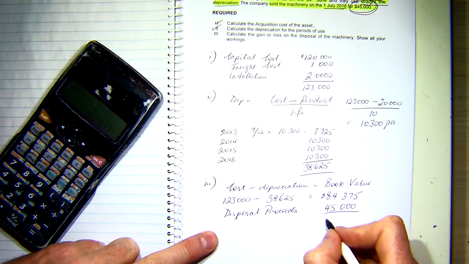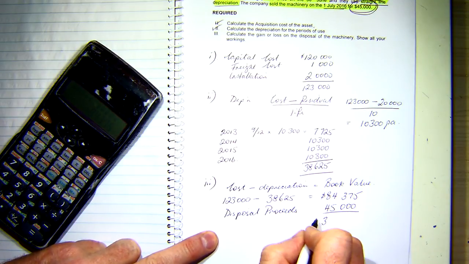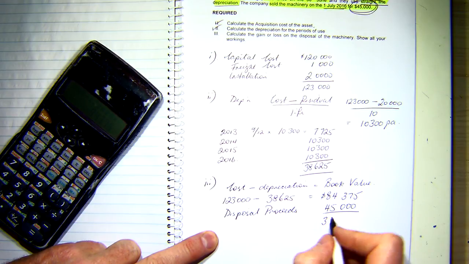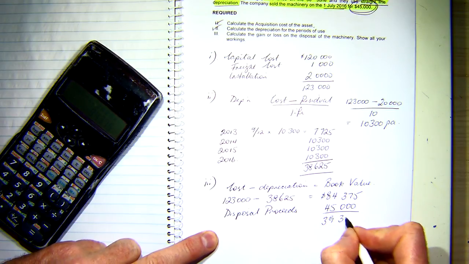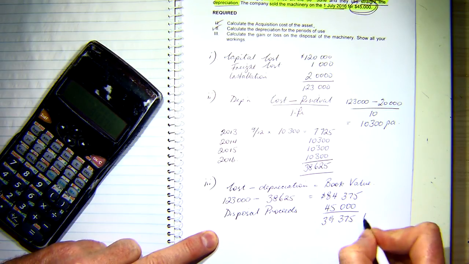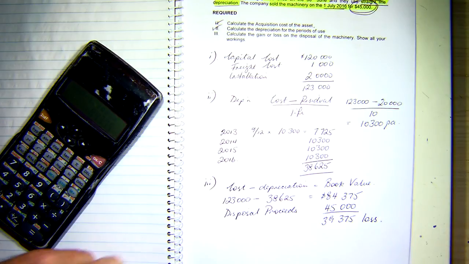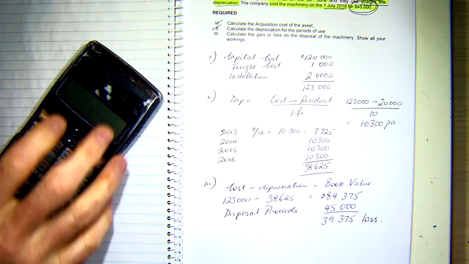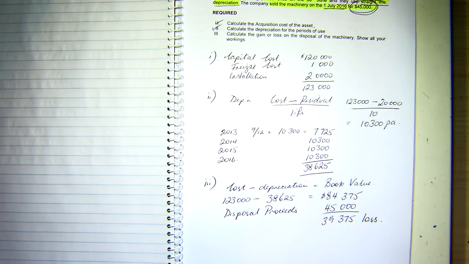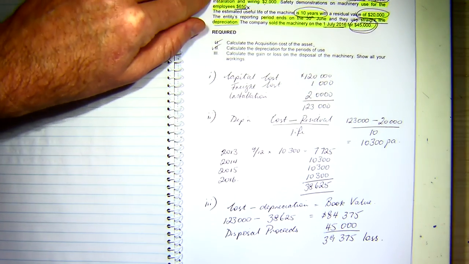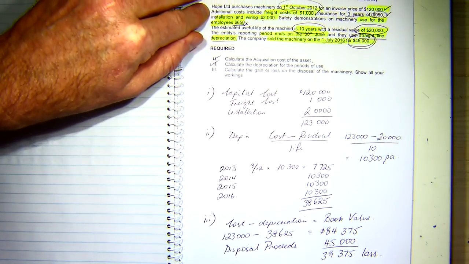So I've made a loss of $39,375. And that's a loss. So you have to indicate that one to me as well. So if I can fit that all on the one page, there you go.